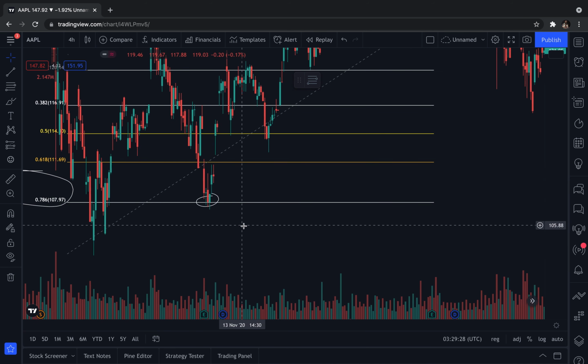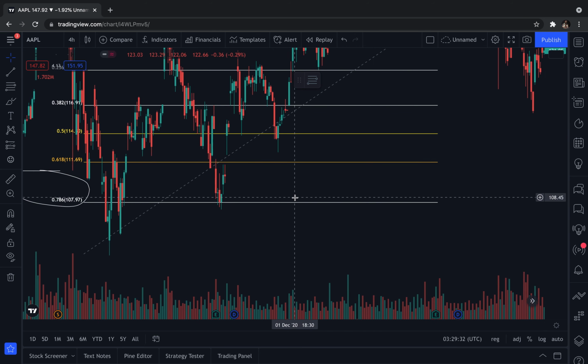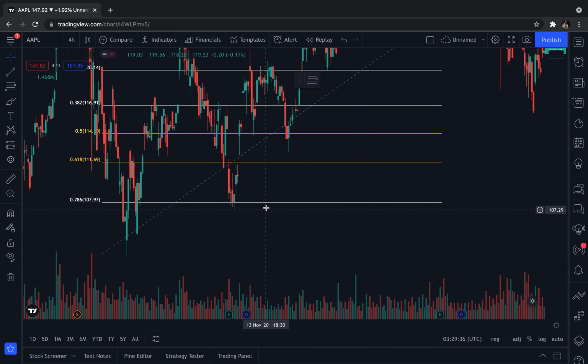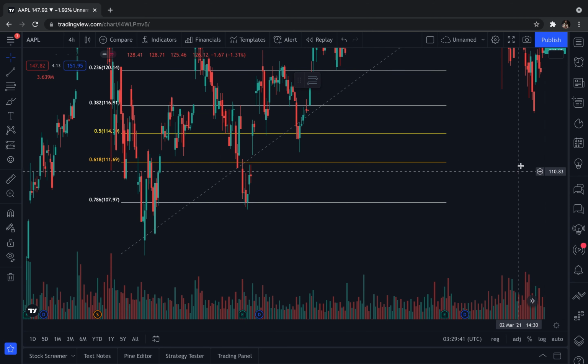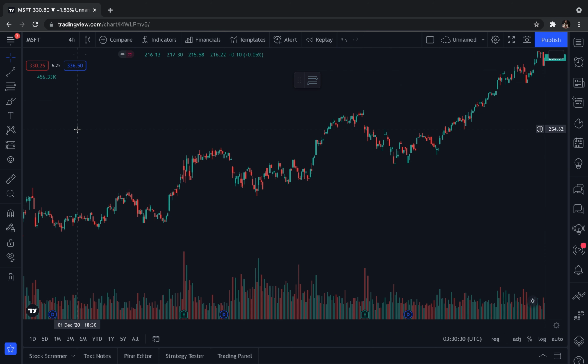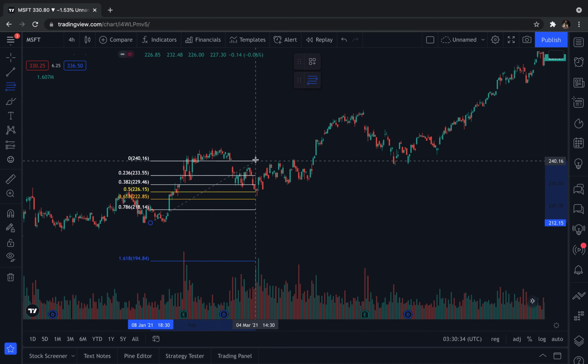It's not a bad choice, but it could be risky just because it's considered a very deep retracement. So ideally you want to get into the 0.618, but this is just an example to show you guys that it could work.